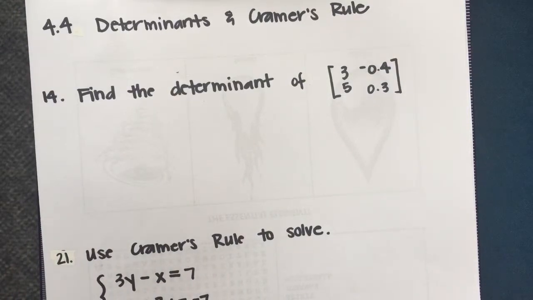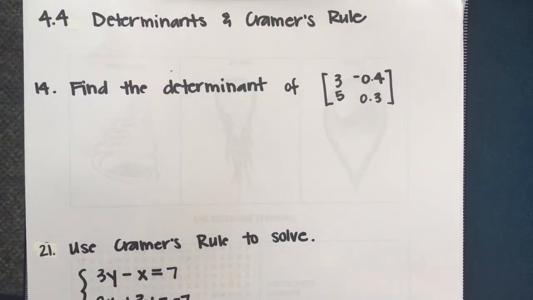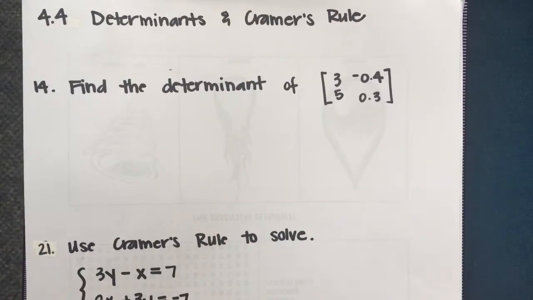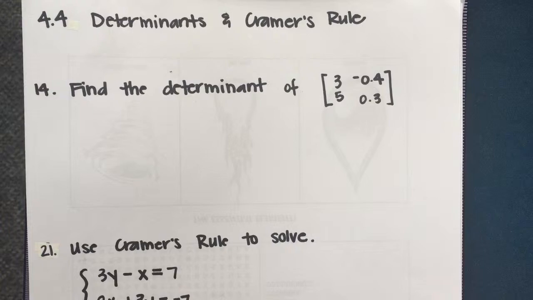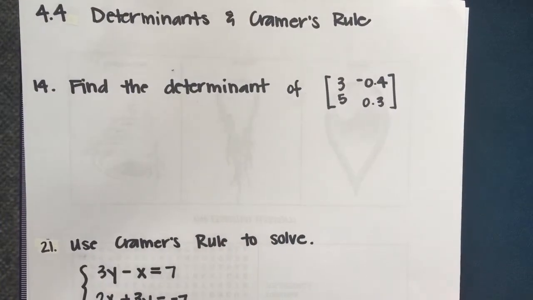We split 4.4 up into two parts, so I'm actually going to do two videos. The first day we did the determinant of a 2x2 and then Cramer's rule for a system with two equations and two unknowns.